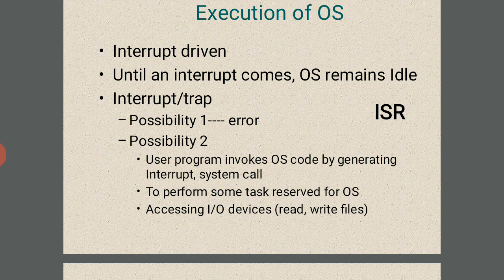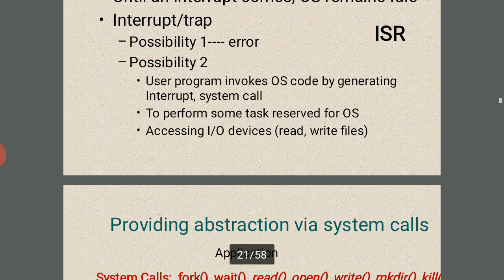An interrupt or trap can come from possibility 1, an error, or possibility 2, errors. A user program invokes operating system code by generating interrupt system calls to perform some task reserved for the operating system, such as accessing input output devices and reading and writing files.